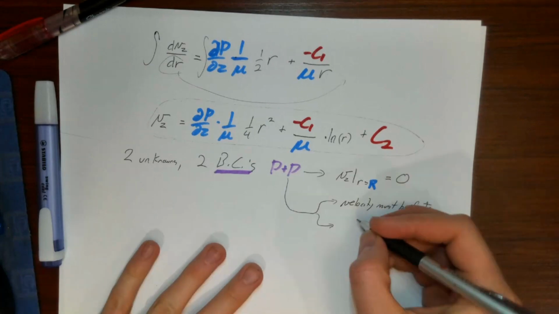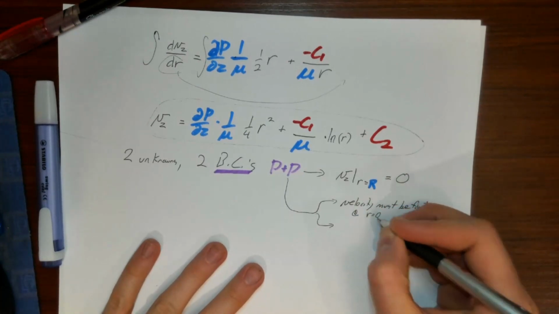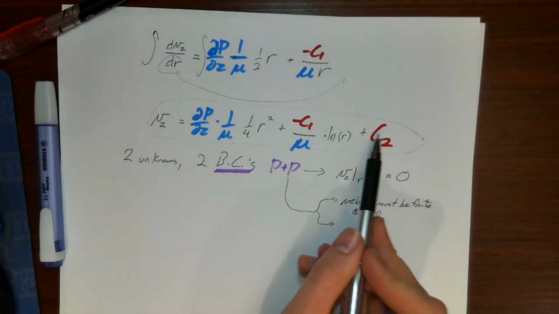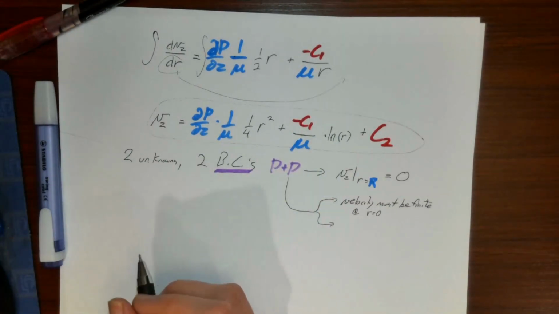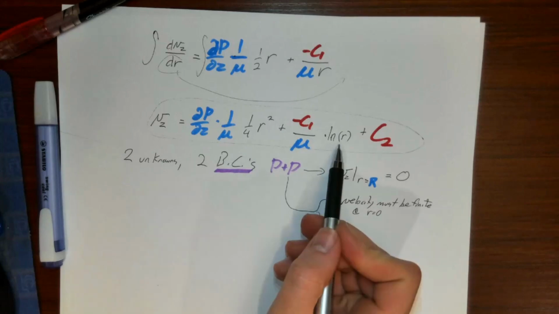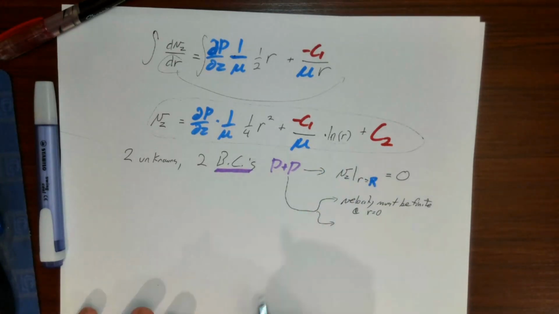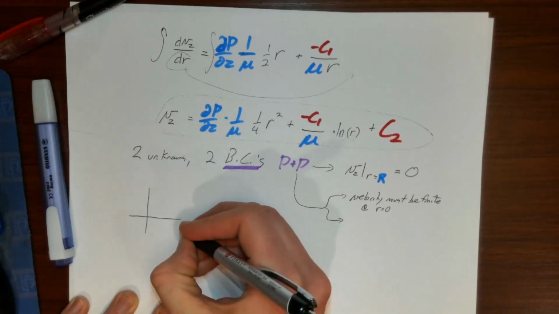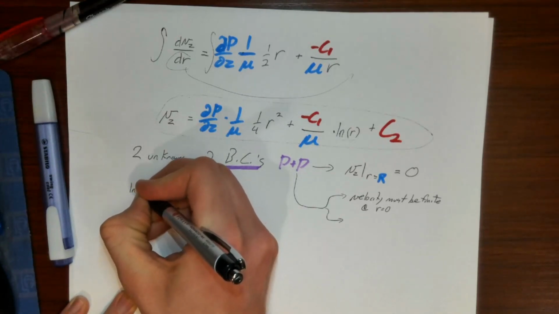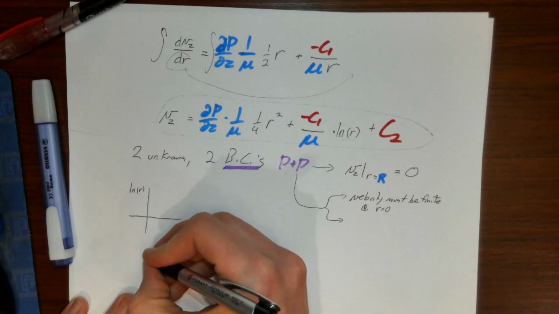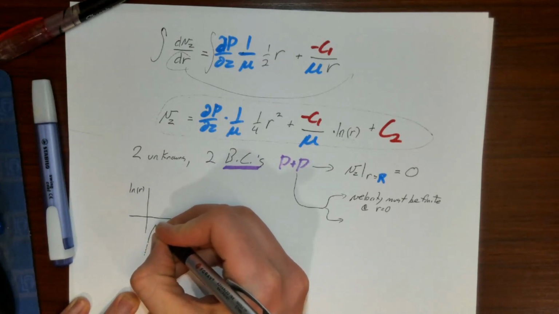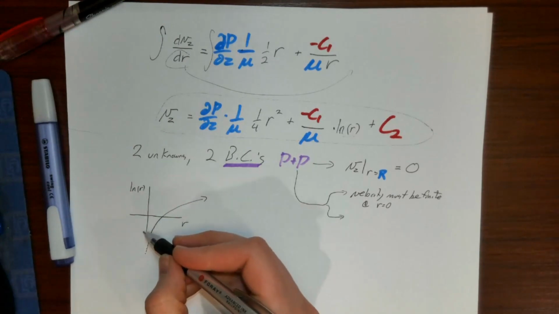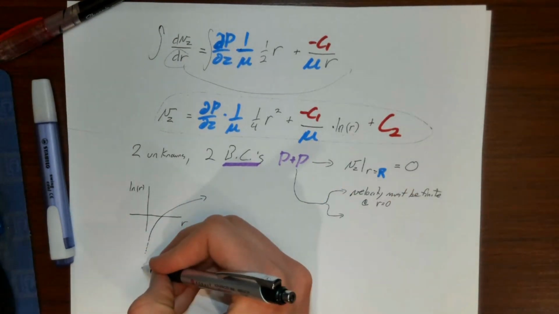Particularly at little r equals 0, what happens if you try to evaluate this expression at r equals 0? Natural log blows up. If you were to plot what natural log of r looks like as a function of r, it has this negative asymptote as r approaches 0, and then kind of grows out like this. So natural log of 0 is actually negative infinity.